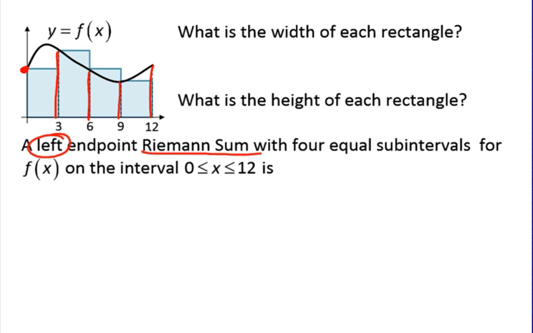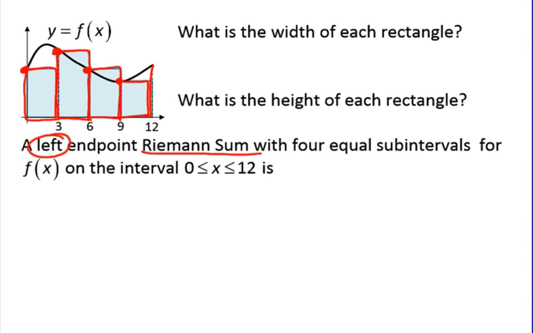It's hitting the curve here. The second rectangle's endpoint is hitting the curve here, this endpoint here, and this endpoint here. So if you look at the left of each of those rectangles, you're hitting the curve with those endpoints. Okay, so that's called a left Riemann sum.